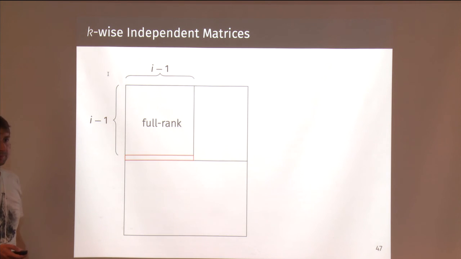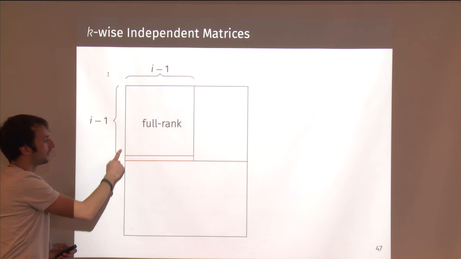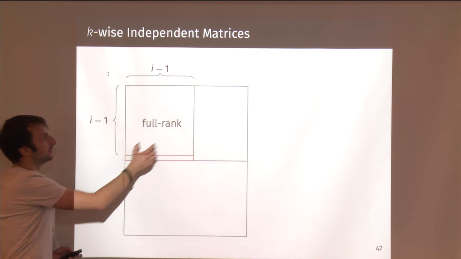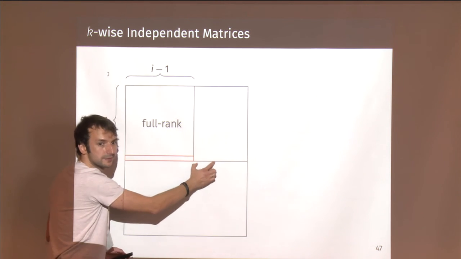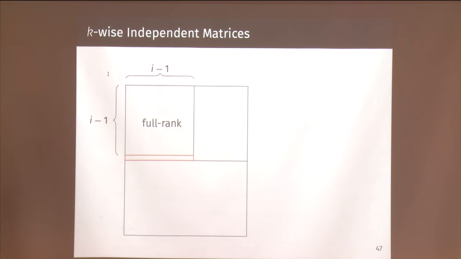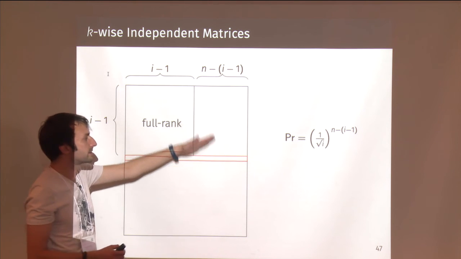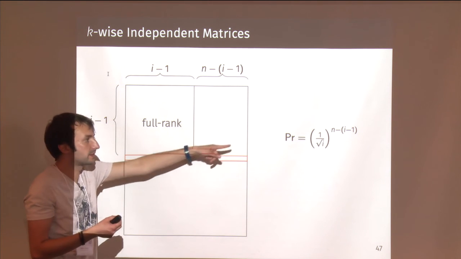But also, since I assume those i rows are linearly dependent, this part of the matrix must satisfy exactly the same linear equation. And Littlewood-Offord just tells me that random entries satisfy a fixed linear equation with very small probability.